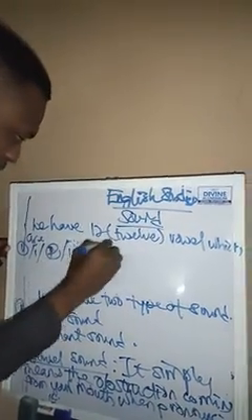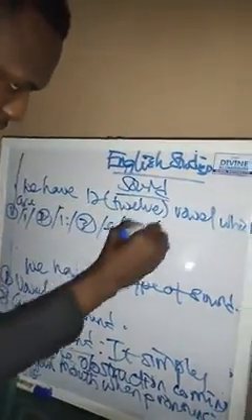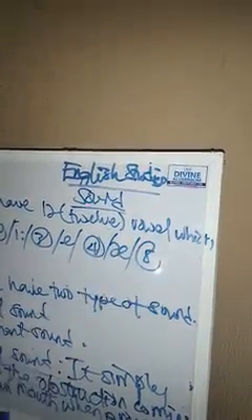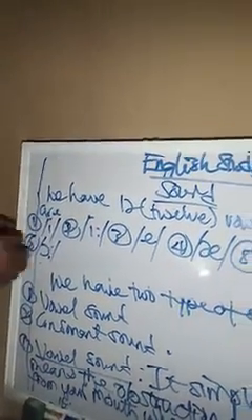Number 3, we have the A sound. Number 4, the A sound. Number 5, the A sound. Number 6, we have the O sound. It's like what you call A, E, or O, but these are the way they are written.